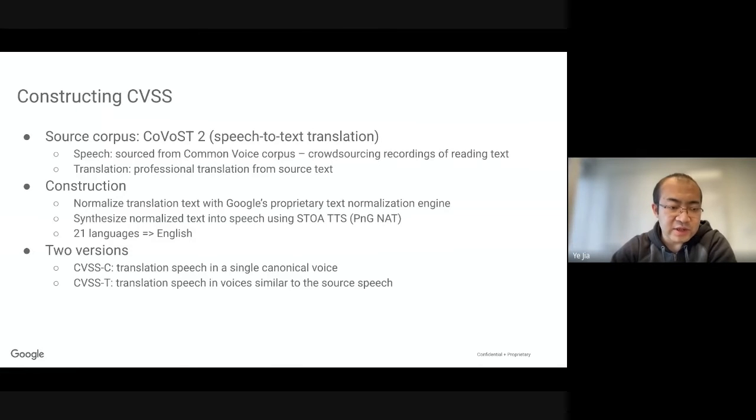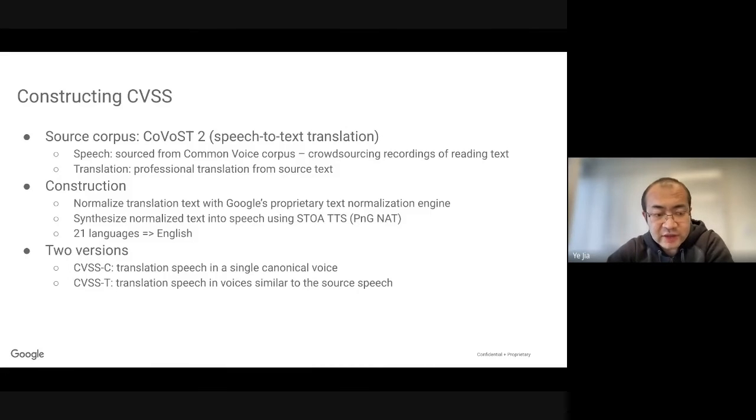The dataset we created covers the translation from 21 languages into English. We synthesize two versions of translation speech. The first version is called CVSS-C. In this version, the translation speech is in a single canonical speaker's voice, which is natural, clean, and fluent. So this is a very high quality version of translation speech.